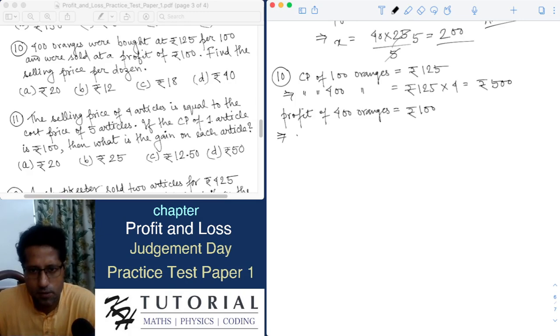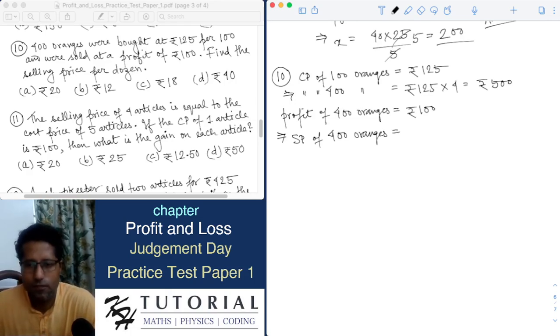So this implies selling price of 400 oranges should be equal to, we know the profit is equal to selling price minus cost price.